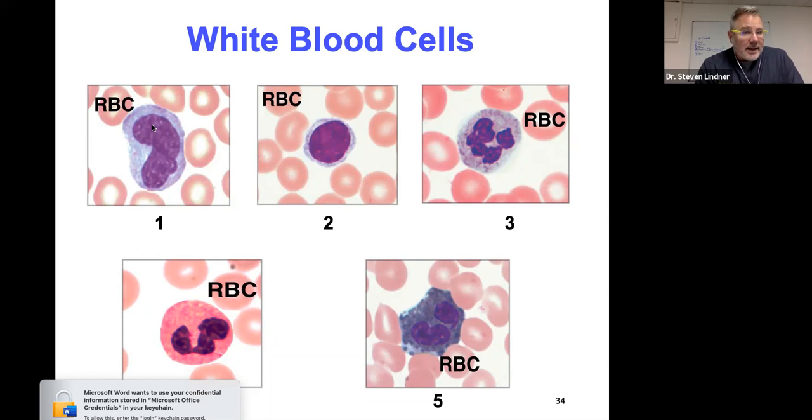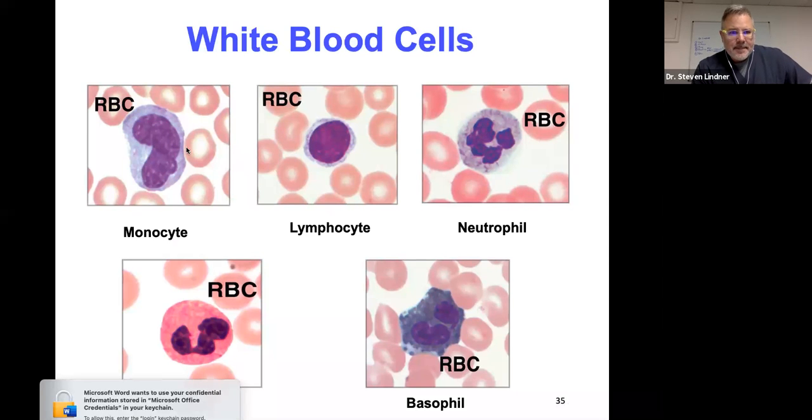The monocyte has a kidney bean-shaped nucleus, and it's a much, much larger cell. When we look at this one, it has the dark staining nucleus with the granules. The nucleus is almost obscured. This is the basophil. Now we've got to look at these two. Which one's more red? The red staining one is the eosinophil, which means this 1, 2, 3, 4, 5, that's the neutrophil. Let's see if we're right.